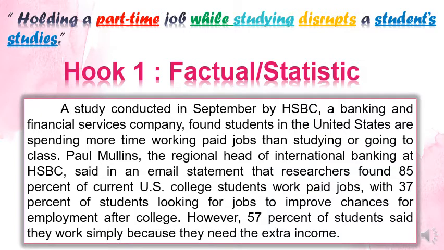For example, the last line: However, 55% of students said that they work simply because they need extra income. So you are providing data, a number, to support your information. If you have this kind of information, then you are allowed to use hook number 1 in your current situation.